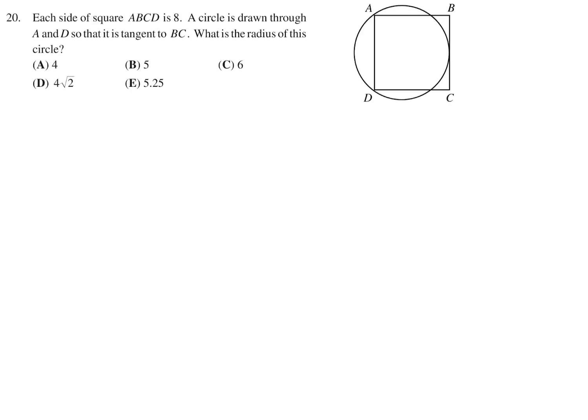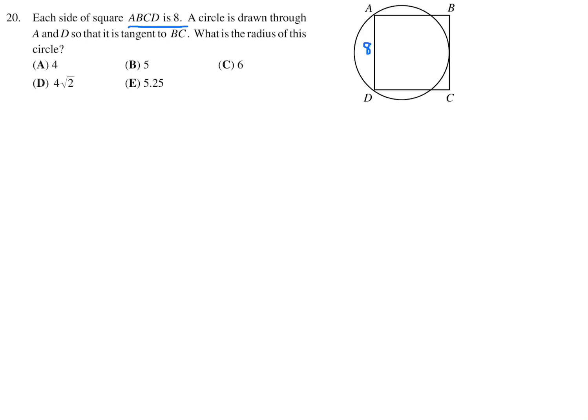Each side of square ABCD is 8. A circle is drawn through AD so that it is tangent to BC. What is the radius of the circle? Okay, so the square has side 8, so that means this is 8.